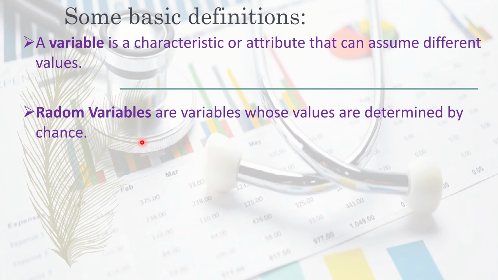A random variable is a variable whose values are determined by chance. Which basically means that if you do some selection from a certain population, and then we talk about a variable which represents a specific thing in that selection. For example, in a classroom, let's suppose there are 33 male students and 39 female students.